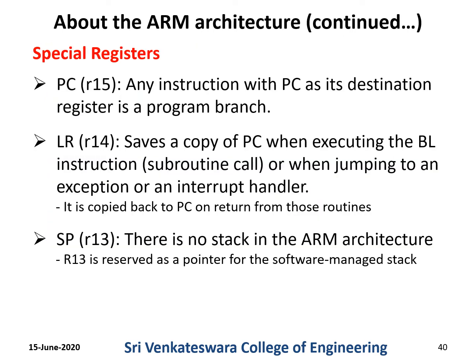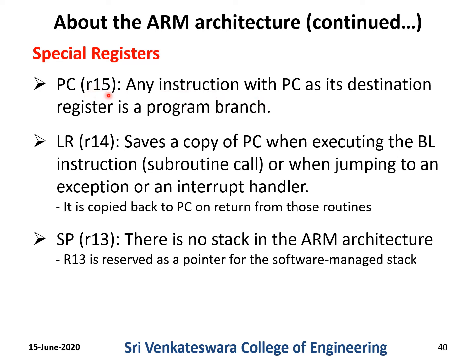Some additional information about the special registers can be seen here. R15 acts as the program counter. In any instruction, if R15 is used as a destination register, then that instruction is actually doing a program branch. When R15 is changed, the sequence in which the program is executed also changes.